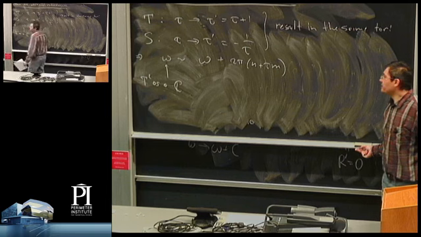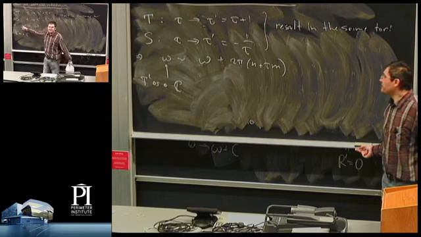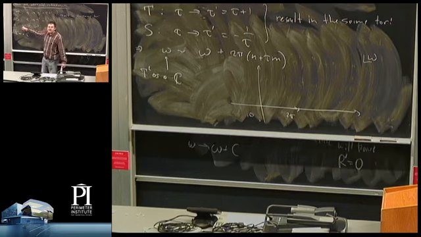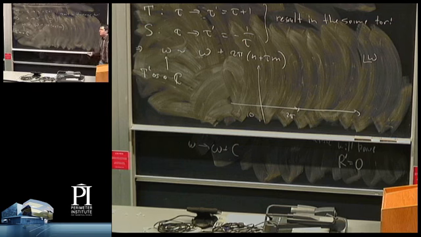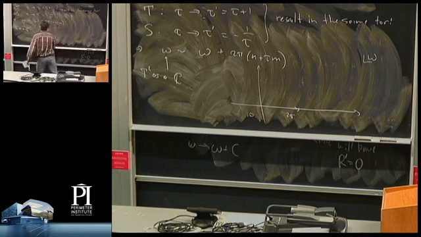And the way I make a torus is I'm just going to make an identification on this complex plane. So I'm going to say that every point with coordinate omega on the plane is identified with a point omega plus 2 pi and plus 2 pi tau. Okay?